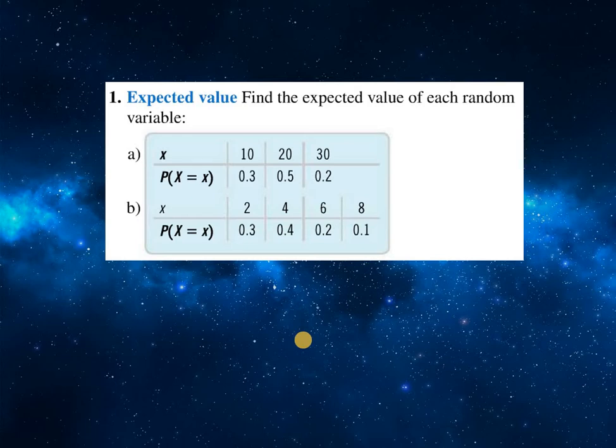I'll define my random variable. So these are my outcomes. These are my possible choices for x, 10, 20, and 30. This is the probability of each of those individual things. The probability of 10, the probability of 20, the probability of 30. Just a nice, clean way to display this.